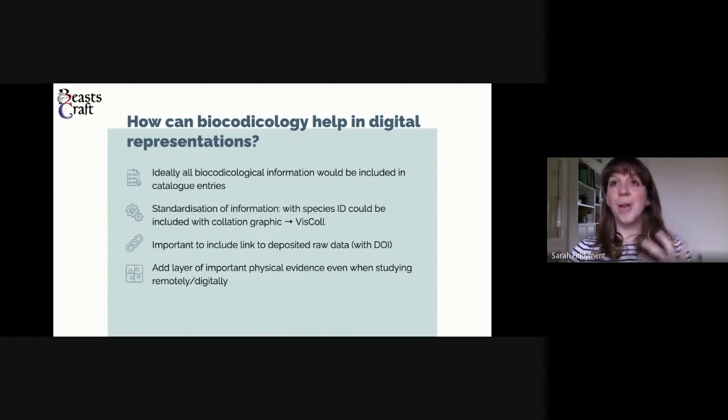They are a biological entity in themselves. They have come from animals, and they have microorganisms still living on them. So it's a way of adding that layer of physicality that perhaps you lose when you're looking at a digital representation, and at least being able to understand some of those biological properties may help your interpretation of the text that you're looking at.